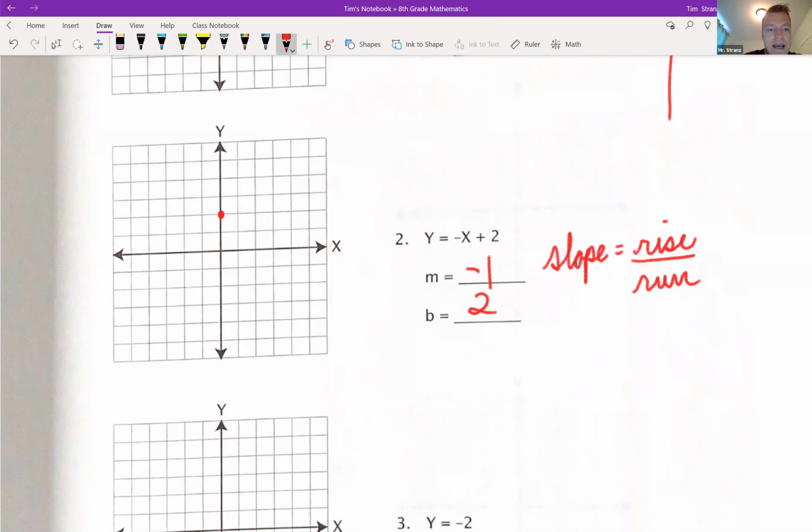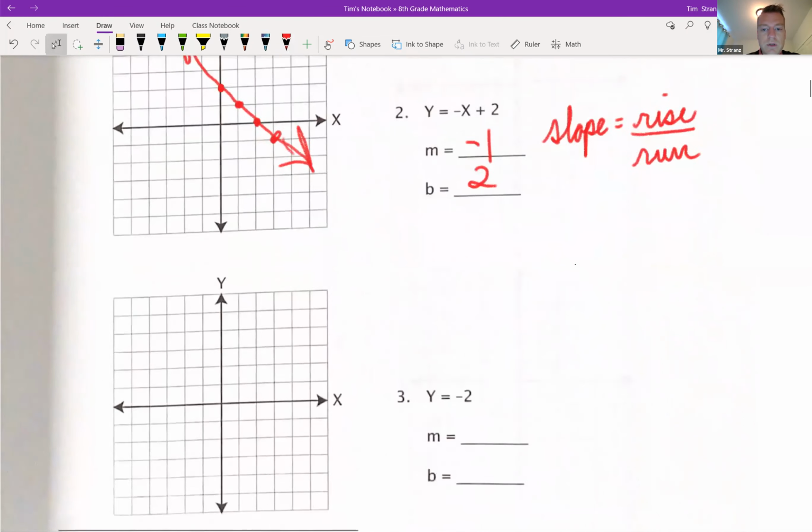Okay, so if I go down 1 over 1, down 1 over 1, down 1 over 1, that's going to be my line. It's going to look something like this. All right, so you know the slope is going down, and it's the slope of -1, and your y-intercept is 2, and your line should be looking like that.